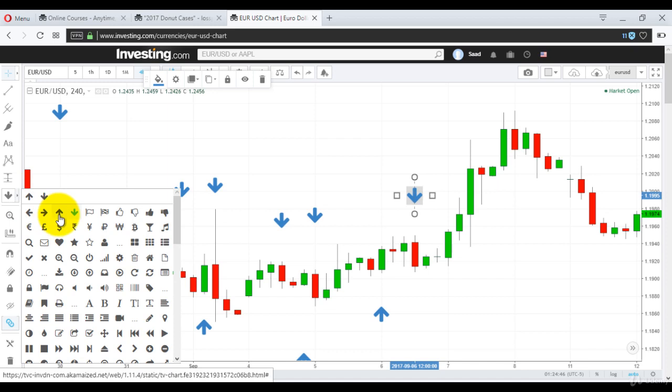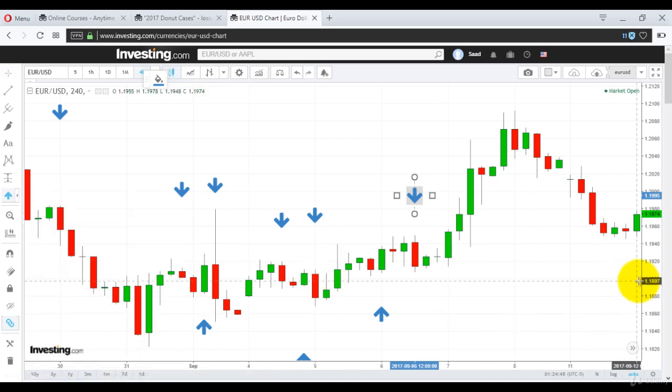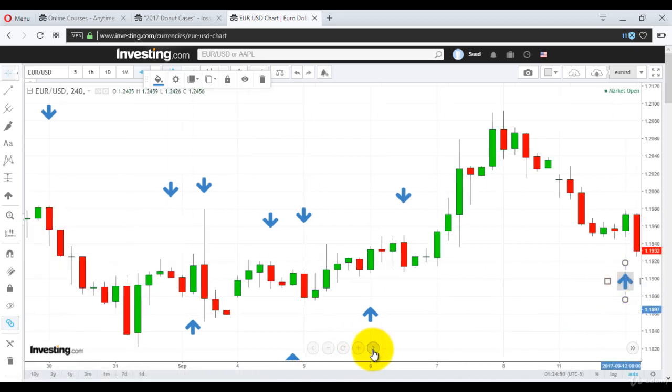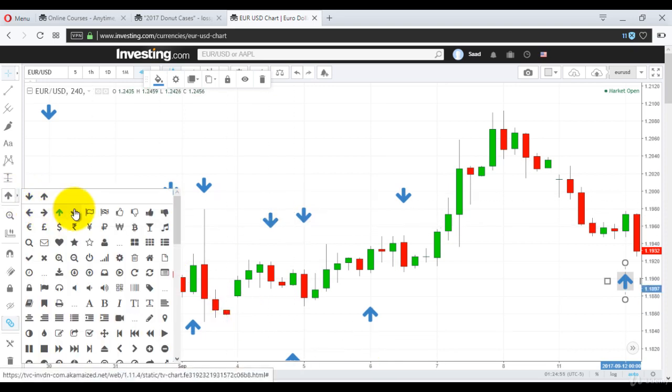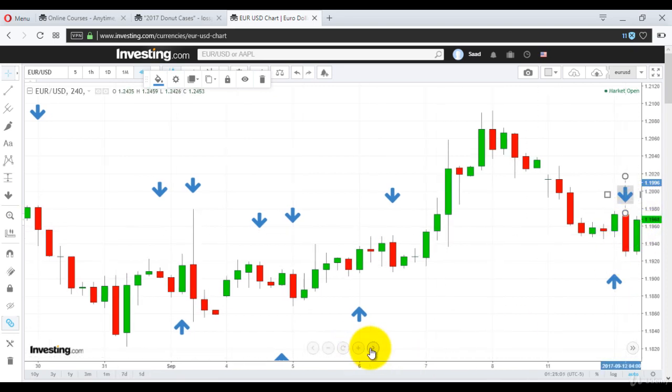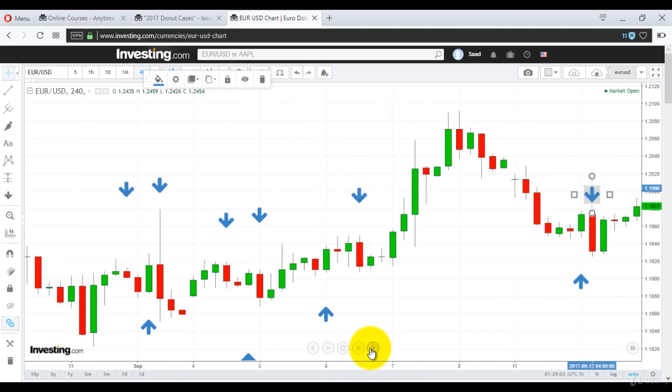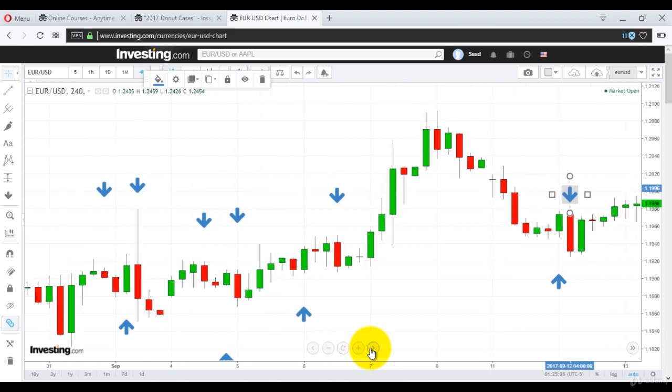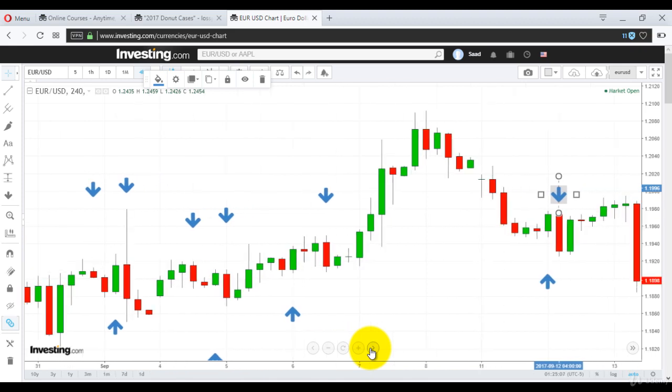Buy it. But be vigilant. Boom, it goes down. So your stop loss on the low of that candle will help you get out. This low. Now it's going lower. Wait, it goes higher. Boom, it goes lower.